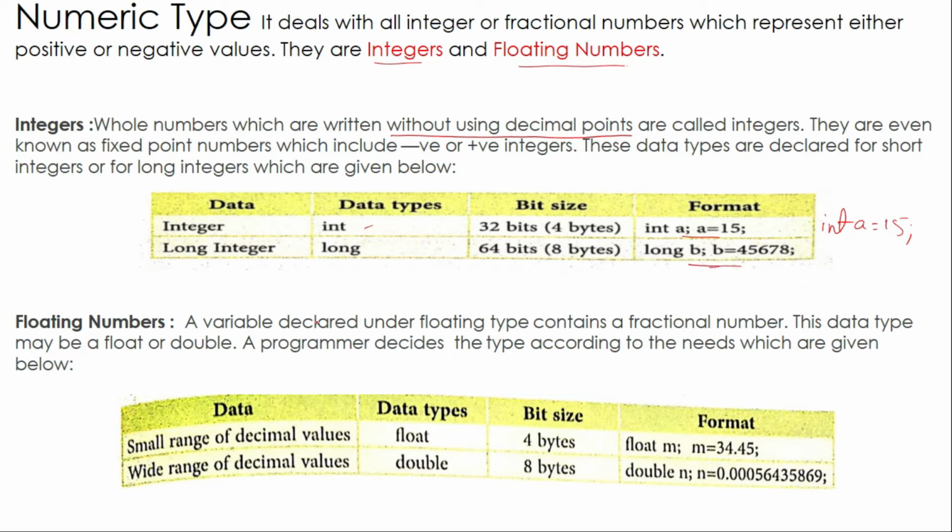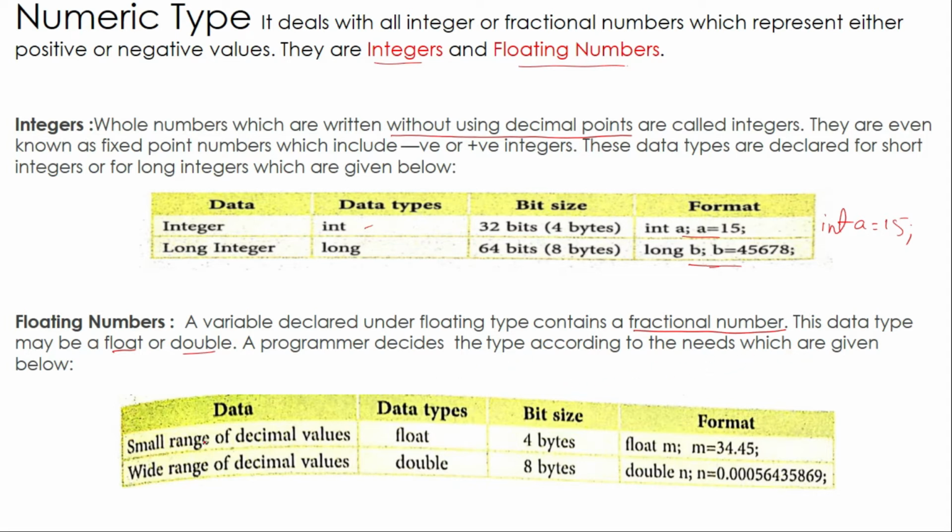Floating numbers. A variable declared under floating type contains a fractional number. This data type may be float or double. A programmer decides the type according to the needs which are given below.